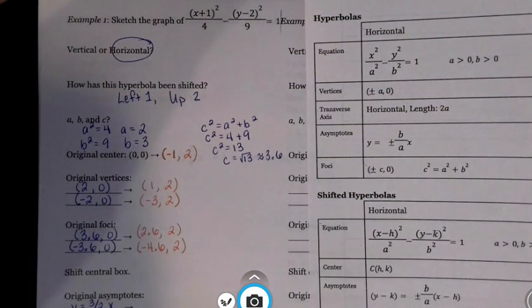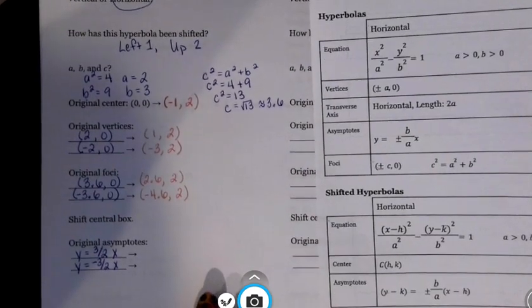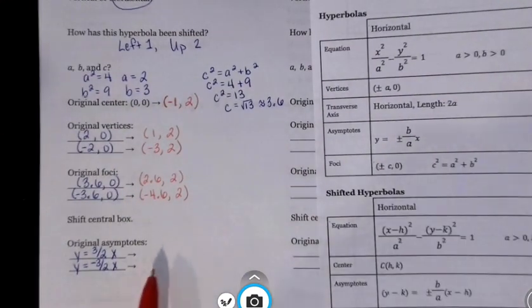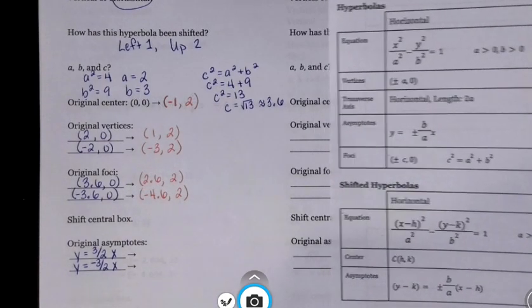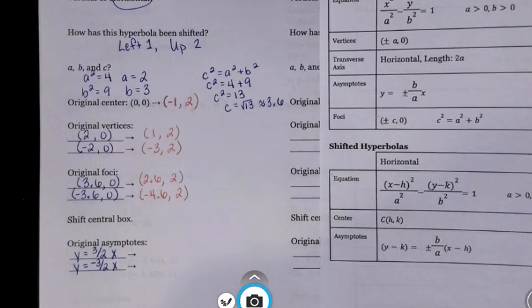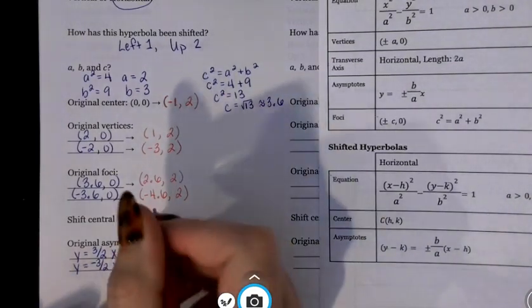So I'm going to scoot it up so I can do my asymptotes. So I am going to write the equation, but I'm not going to graph the asymptotes by using these equations. I'm going to graph them using the box method, which goes back to this shifting my central box. So using my template here, I have y minus k.